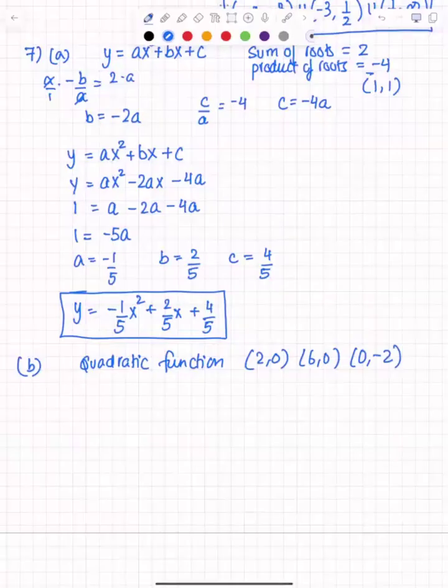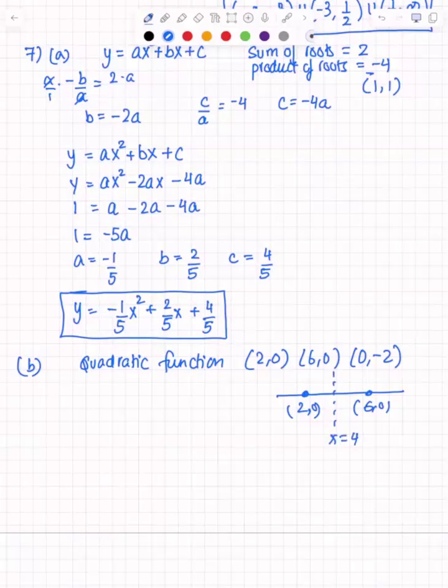Passes through 2, 0 and 6, 0, so the line of symmetry is halfway between them. So 6 plus 2 is 8, divided by 2 is 4. So the line of symmetry is x is 4.